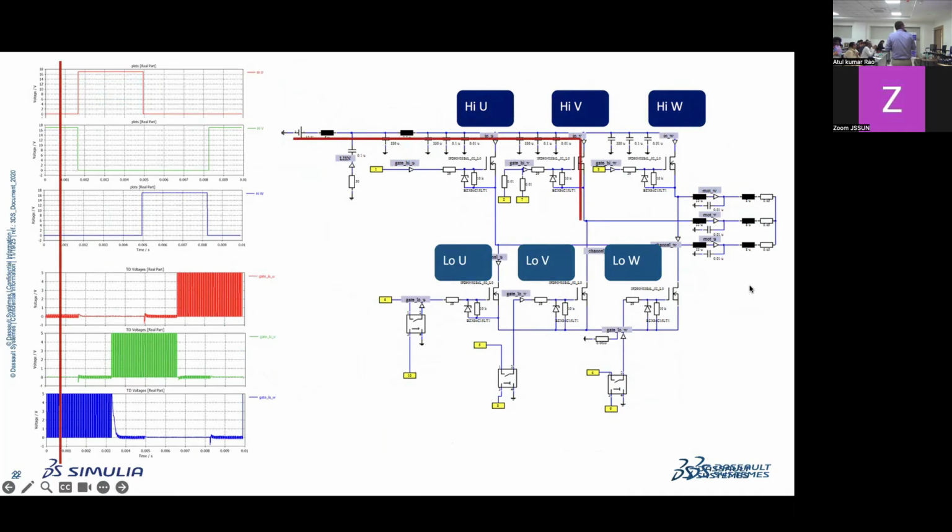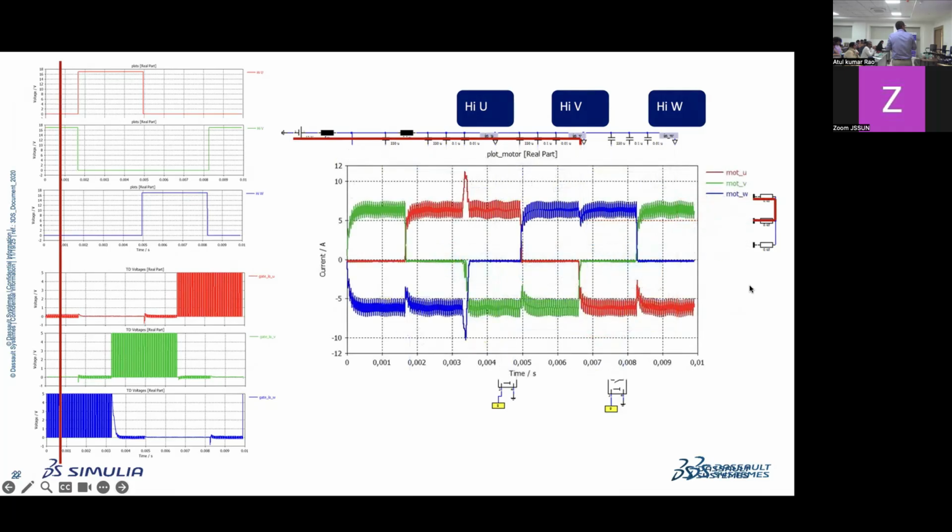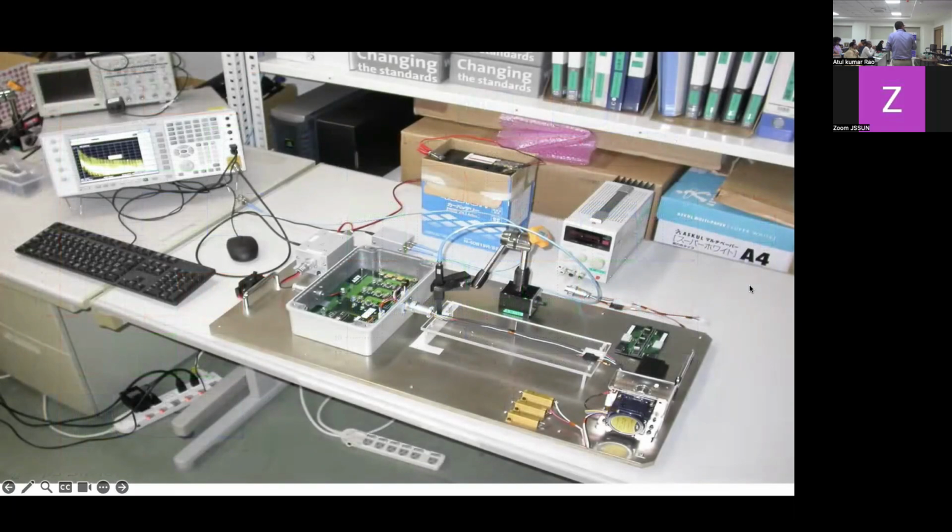If I look at the point where the marker is, you see that the green signal, V, is active. So that transistor is on, the signal goes through the motor windings and comes back, closing the loop. And you'll be able to clearly see the waveform.